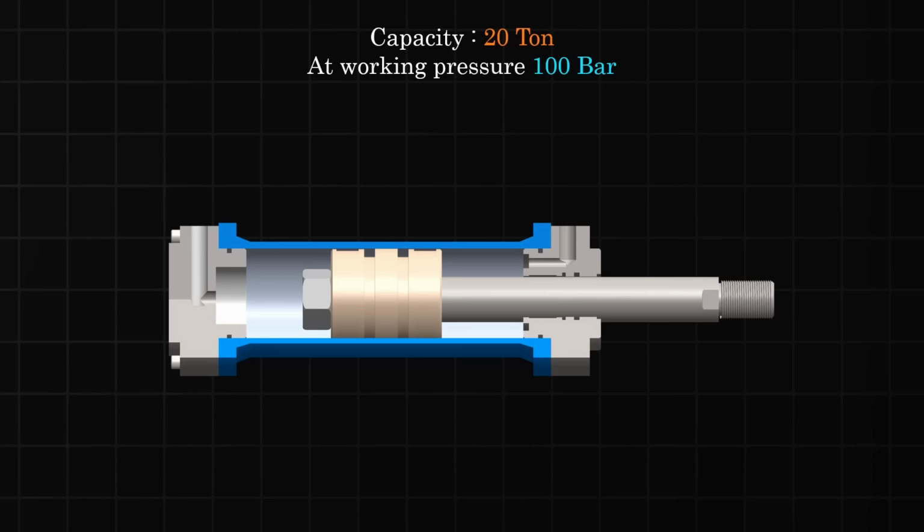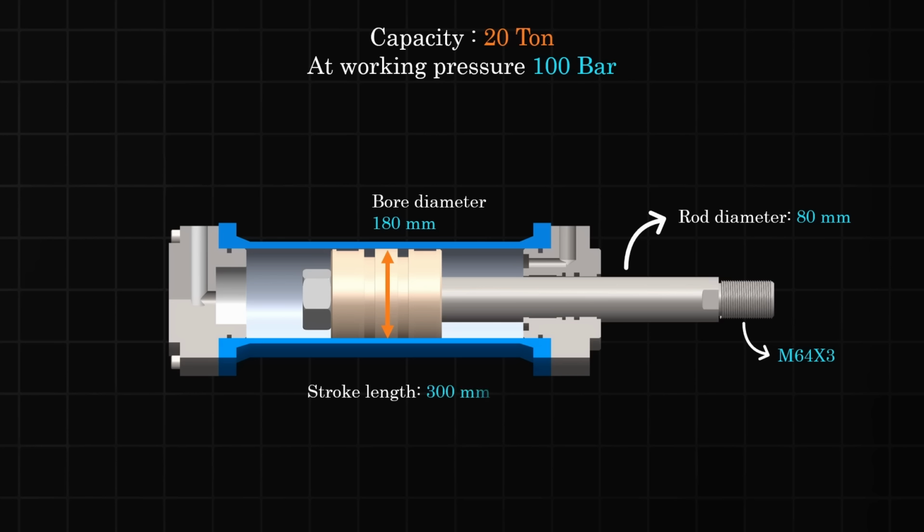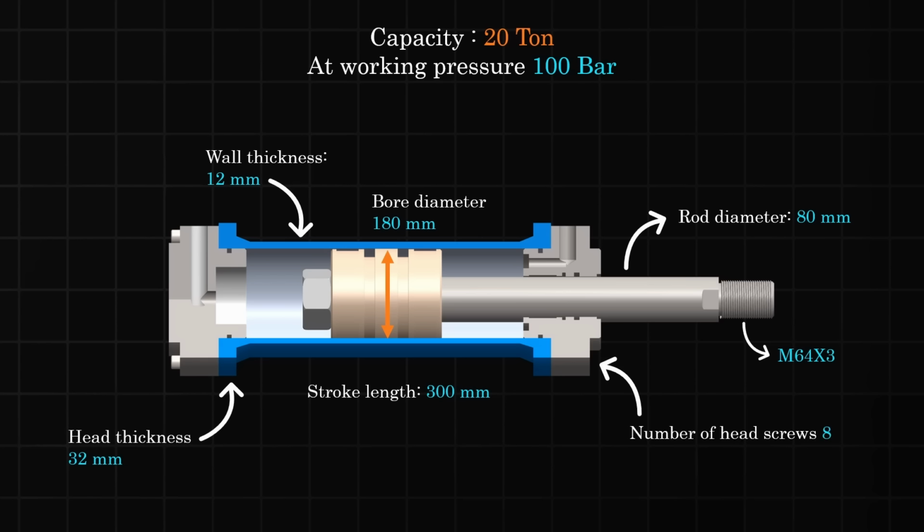So the calculated sizes are: bore diameter, the piston diameter 180 mm, rod diameter 80 mm with connection thread size M64x3, required stroke length 300 mm, cylinder wall thickness 12 mm, head thickness 32 mm, and the number of screws is 8 and the screw size is M16x2.